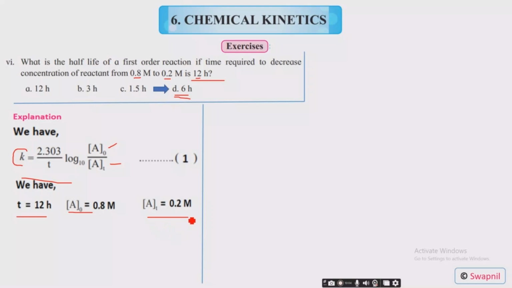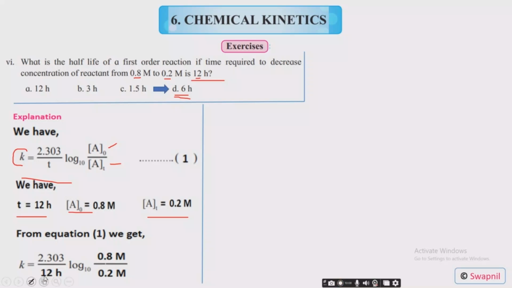So by substituting the values, we get K is equal to 2.303 divided by 12 hour into log of 0.8 molar divided by 0.2 molar to the base 10. By simplifying, we get K is equal to 2.303 divided by 12 hour into log of 4. So log of 4 is equal to 0.6021. So K is equal to 2.303 into 0.6021 divided by 12 hour.